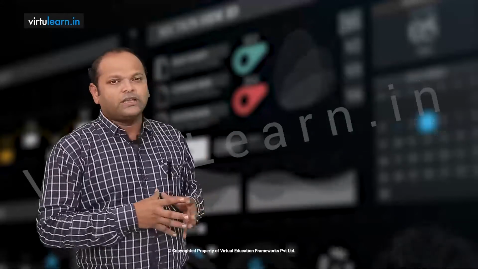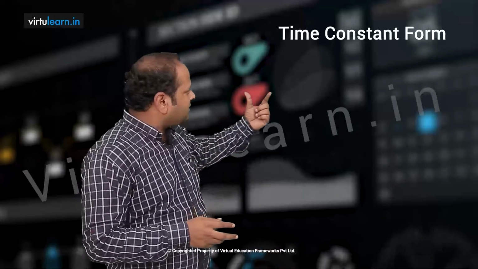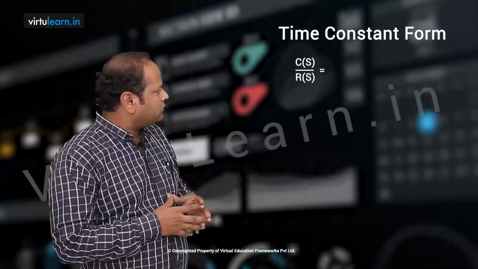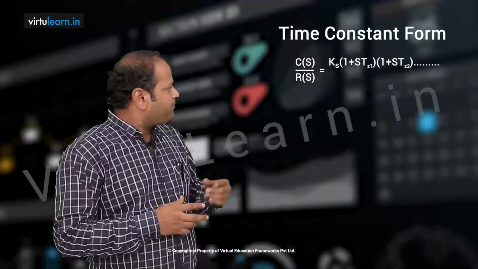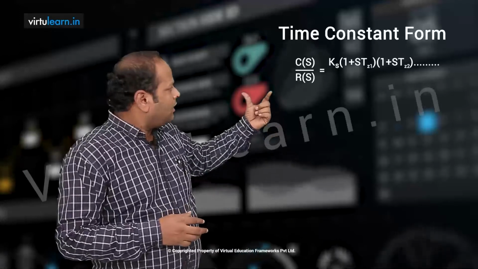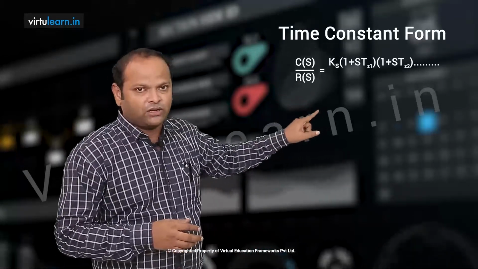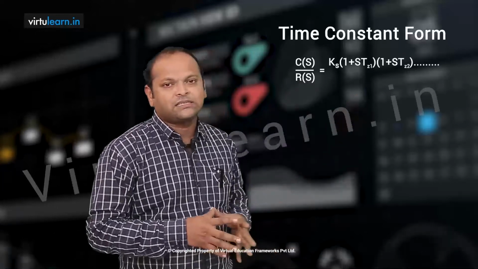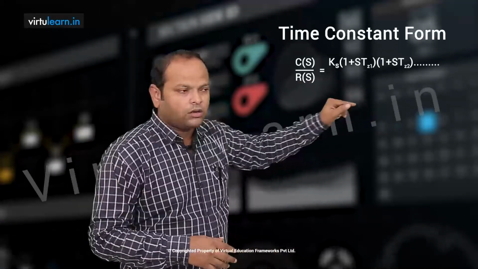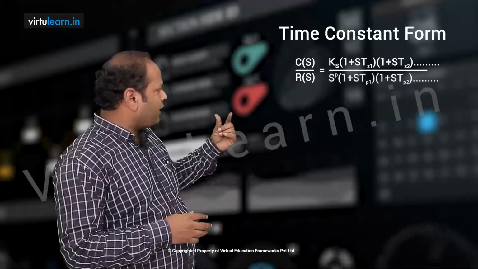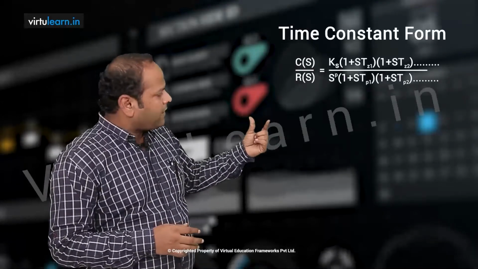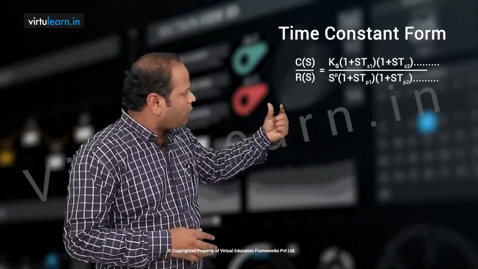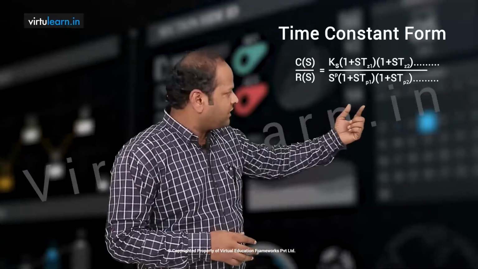Now the third one is called time constant form. In this time constant form we can write C(s)/R(s) equal to, in the numerator, Ks into (1 + sTz1)(1 + sTz2), divided by, again we have s^p, (1 + sTp1)(1 + sTp2) and so on.